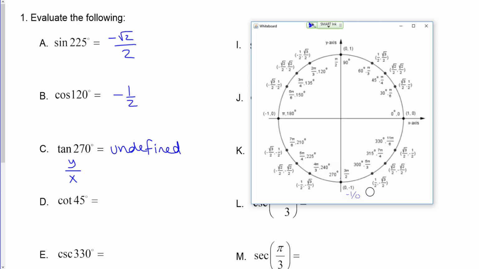Cotangent of 45 degrees. Just find the 45 degree angle. Cotangent is going to be x over y. So the x and the y are both square root of 2 over 2, so this would equal 1 when you divide those two.